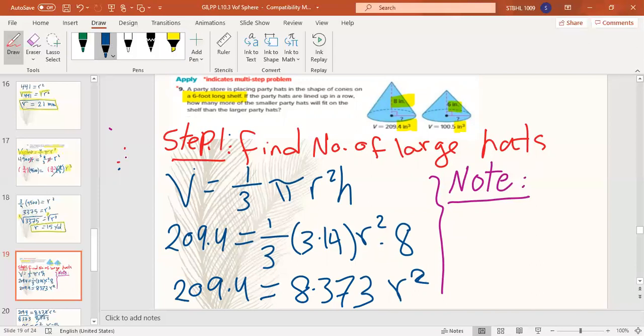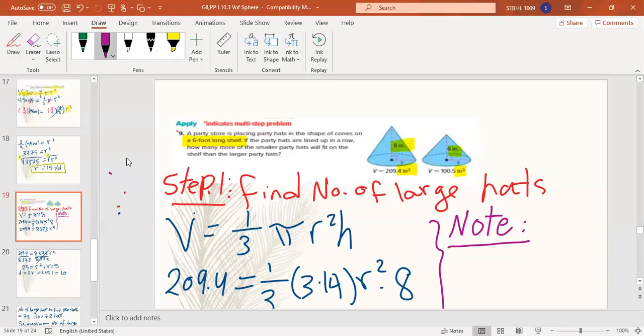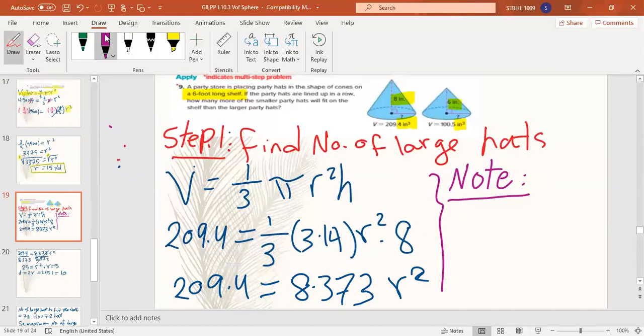6 foot long into inches. And actually, one foot equals 12 inches. And the length of this shelf is 6 foot.